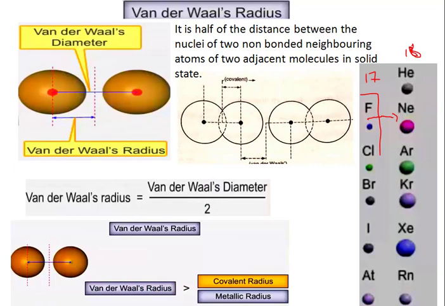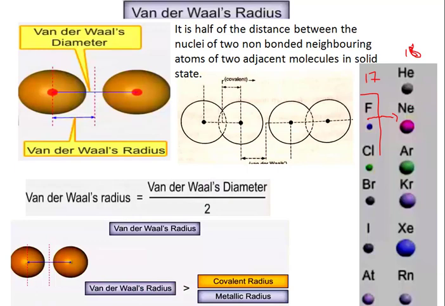Hence there is inter-electronic repulsion. The electrons are closely arranged, and due to inter-electronic repulsions they tend to repel each other, and hence effective nuclear charge decreases, or we can say that radii increase.